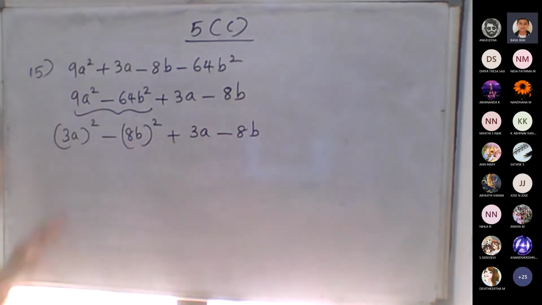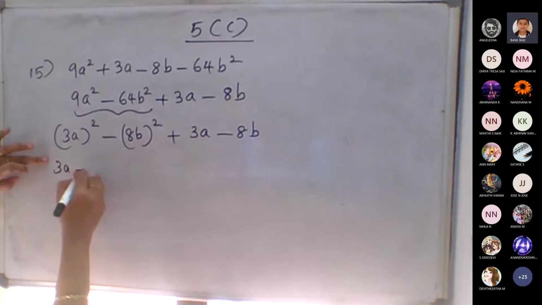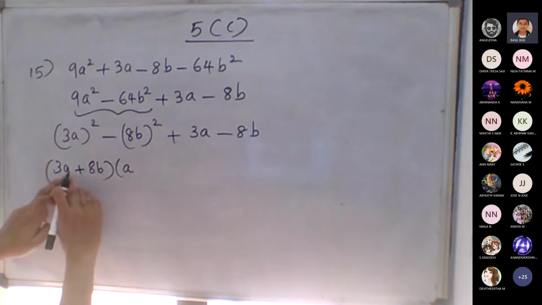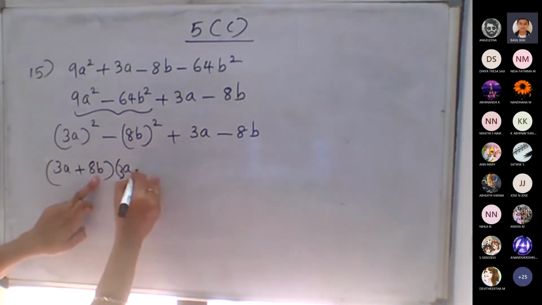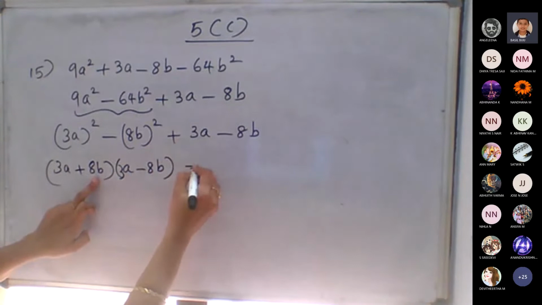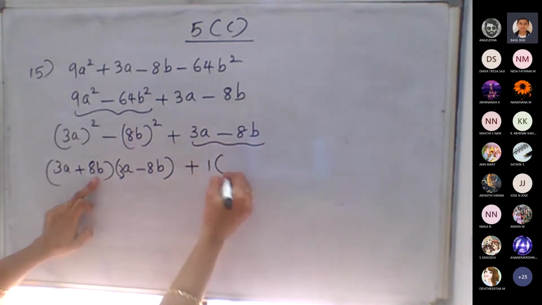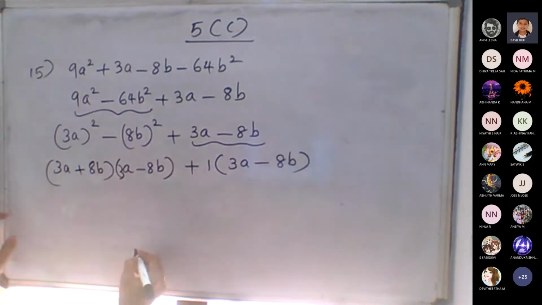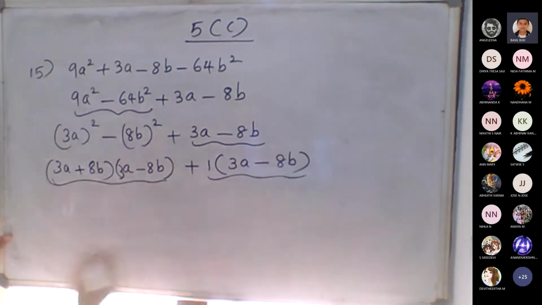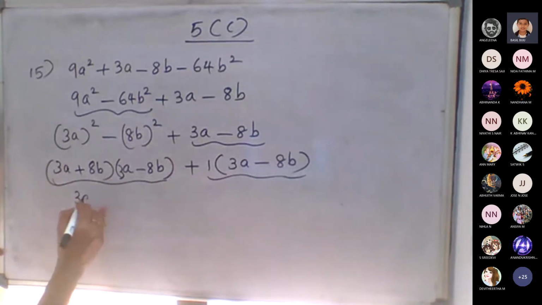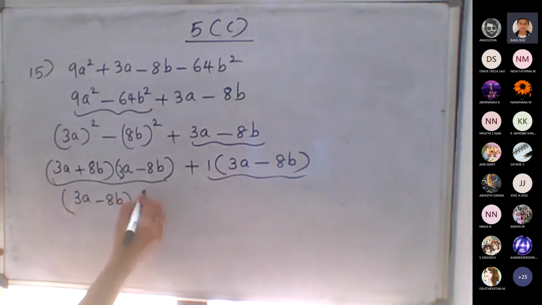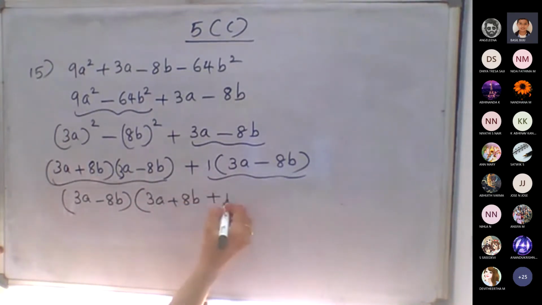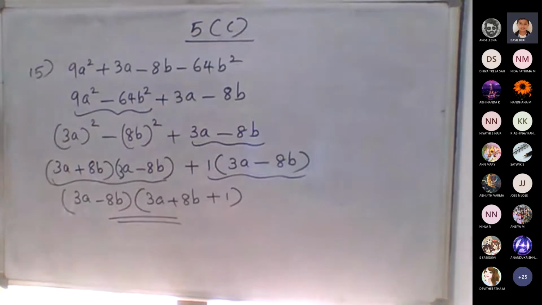Then 3a plus 8b into 3a minus 8b, in the form of a square minus b square, which is equal to a plus b into a minus b. Then from the rest we can take 3a minus 8b common. The balance will be 3a plus 8b plus 1.